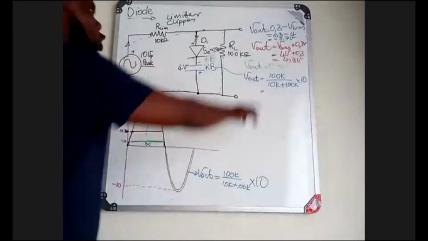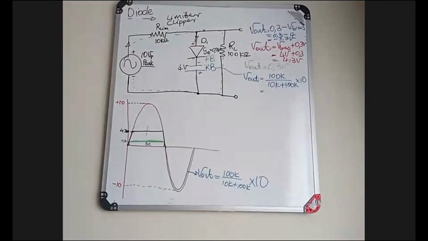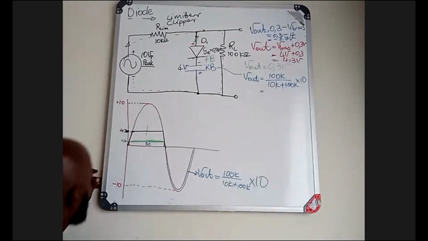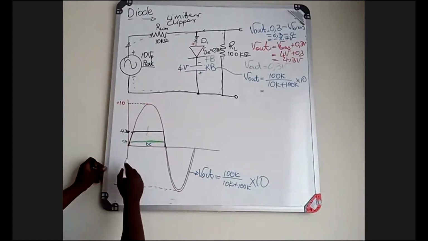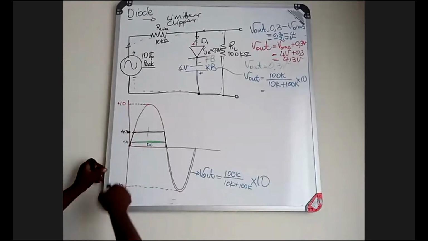But now, if you look at the position at which this voltage is, you will see that it is at minus 3.7. If you look at the magnitude here, it is 0, positive going that side, negative going that side.